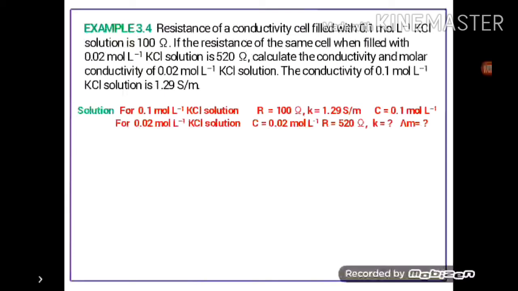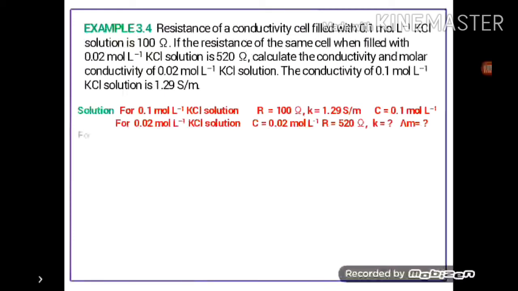So in such conditions, when two solutions are given, the first thing is we have to find the value of cell constant, because how can we calculate kappa? Kappa is related to the cell constant, so by using cell constant we will calculate kappa.